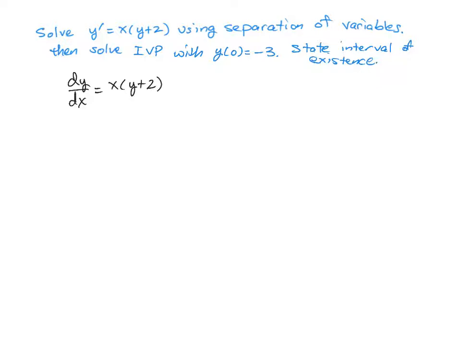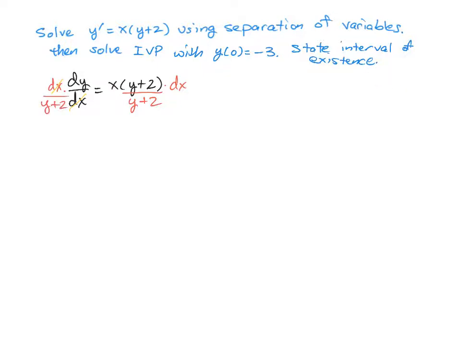All right, and now we need to separate variables, which means we want to bring all the y's to one side and all the x's to the other side, performing algebraic steps. So the first step is to multiply both sides by dx. Again, we're treating the dy/dx ratio as a differential, and that will cancel out the dx's, and then we're going to divide both sides by y plus 2.